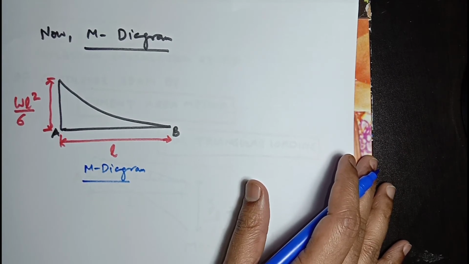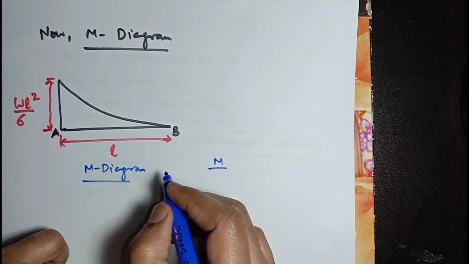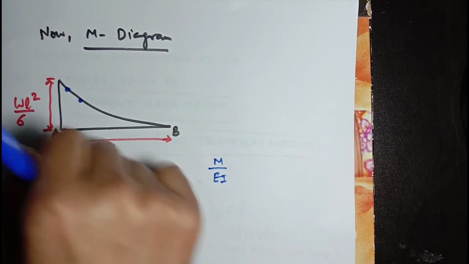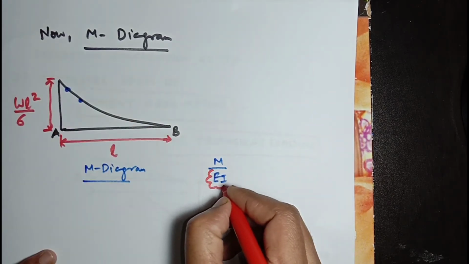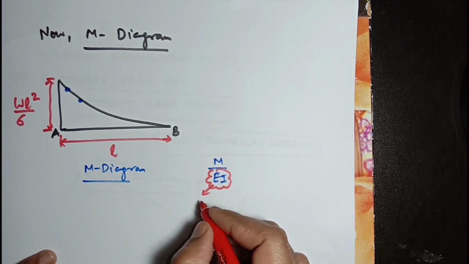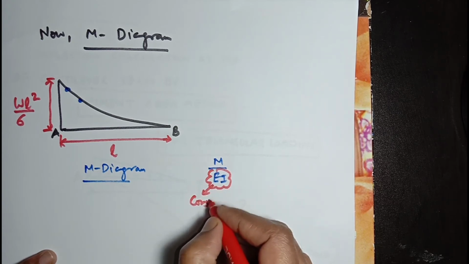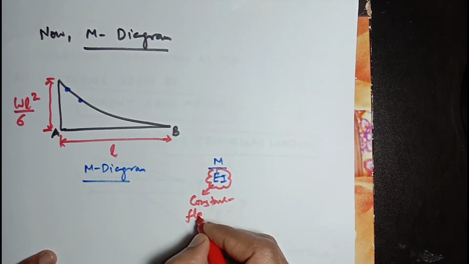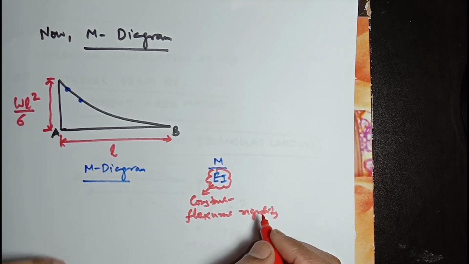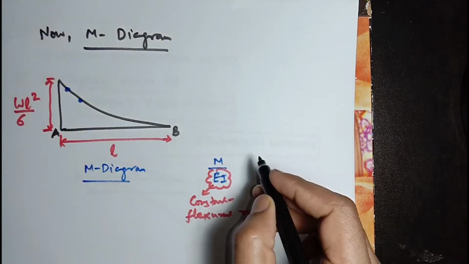For developing the M over EI diagram, we divide every y coordinate of this curve by the constant value of EI. This EI is the flexural rigidity of any structural beam, which is always constant.